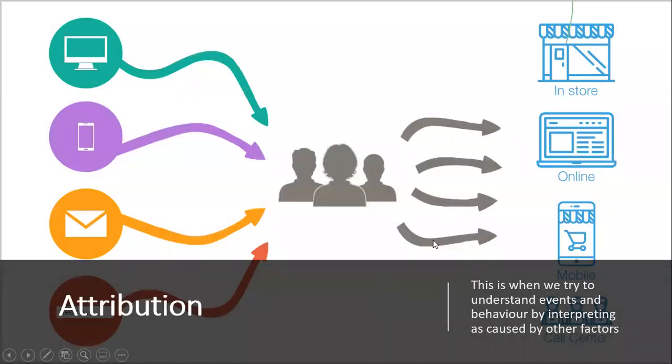So another one is attribution. Attribution is when we try to understand events and behavior by interpreting them as caused by other factors. Remember, in the same example of Lai Mohammed trying to defend his boss and saying, oh, it is Twitter's fault.